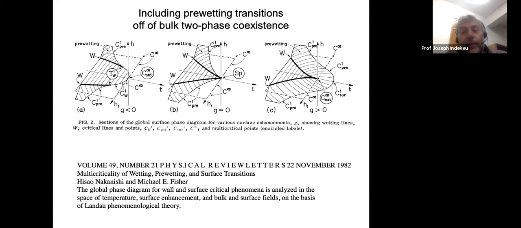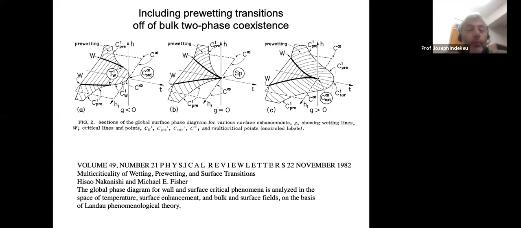And so that indefinite growth of the wetting film, that divergence of the wetting film thickness as the bulk field goes to zero, is a phenomenon that is called complete wetting, and the approach to complete wetting.